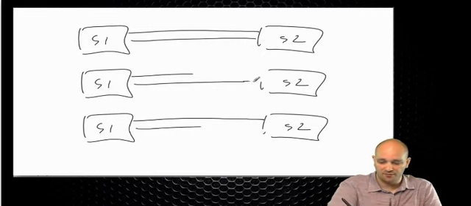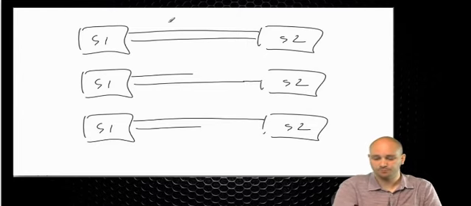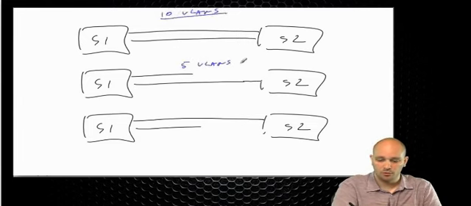So basically what we have here is that our 10 VLANs we can map, for example, 5 VLANs to instance 1 and 5 VLANs to instance 2.